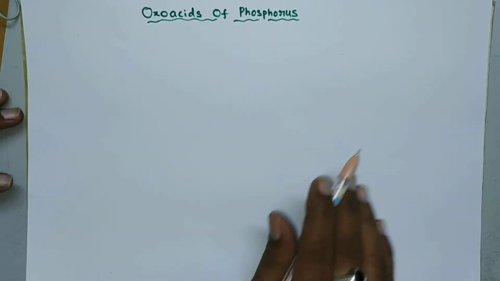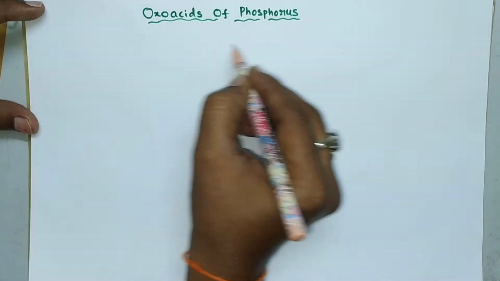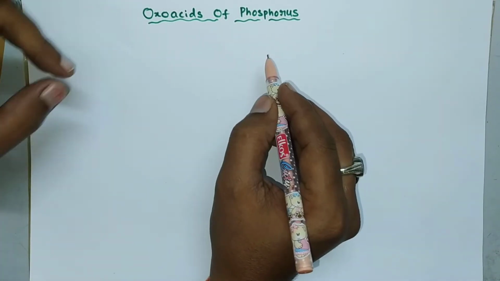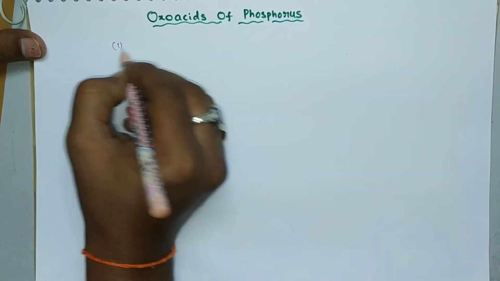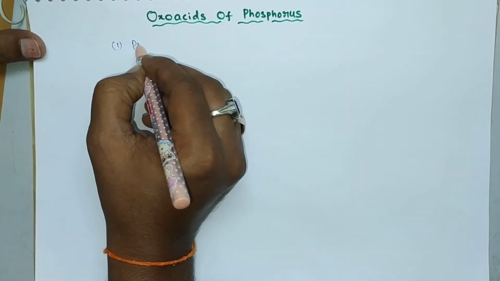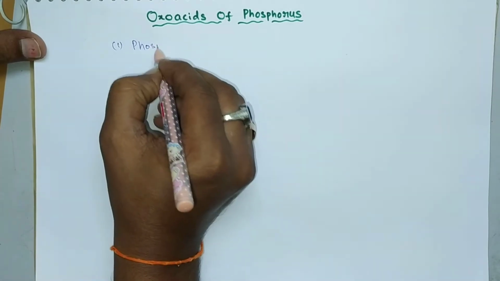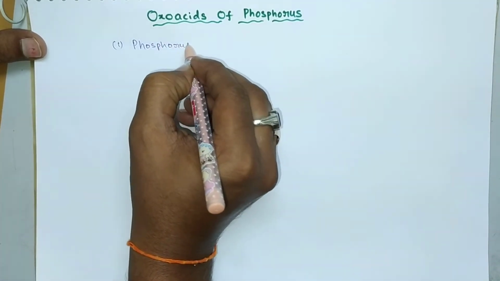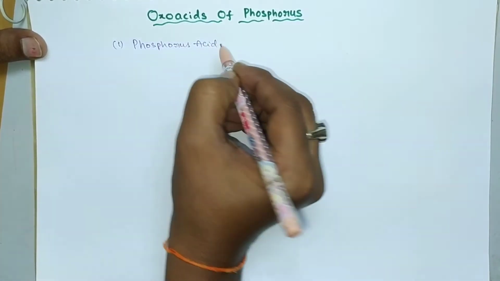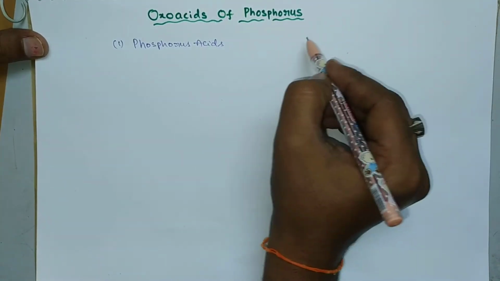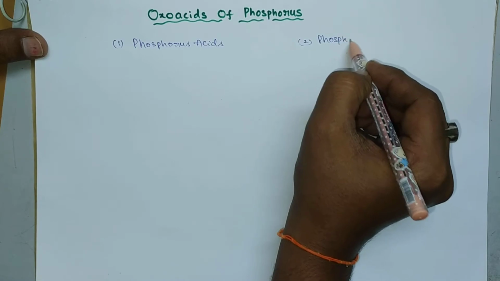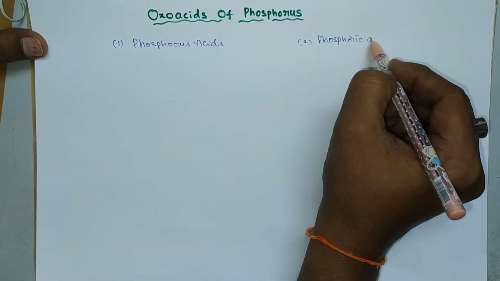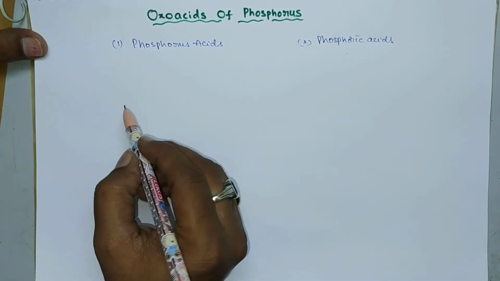Clear? Now, oxo acids of phosphorus mainly contain two series. The first series is called the phosphorus acid series, and the second is the phosphoric acid series.